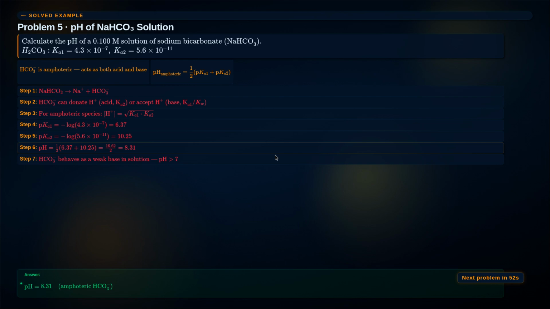Step 6. pH equals 1/2 of 6.37 plus 10.25, which is 16.62 divided by 2, equals 8.31. Step 7. The bicarbonate ion behaves as a weak base in solution, giving a pH greater than 7. Final answer, pH equals 8.31.